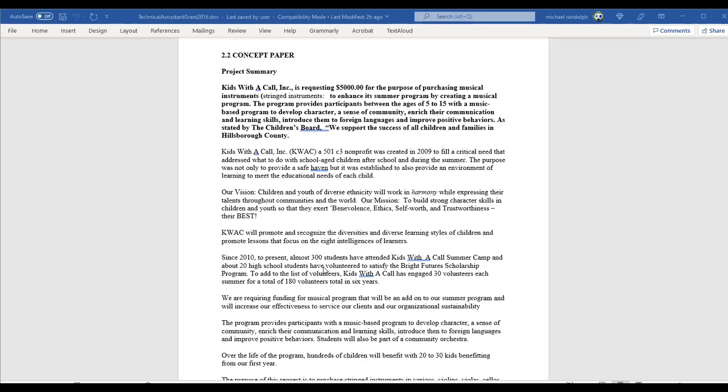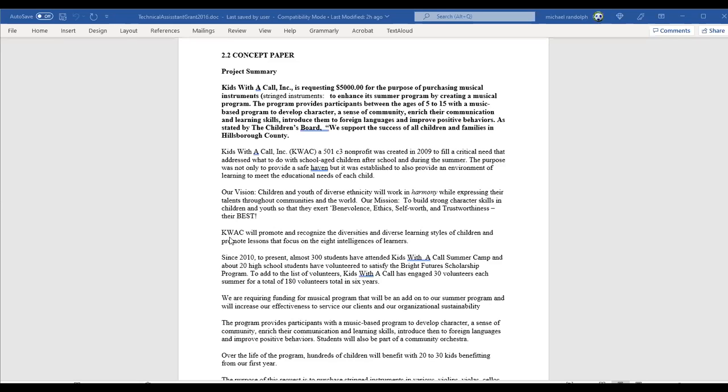First of all, notice how she talks. She's going to be quoting from different types of folks to show that it does work. Read this right here. That's called KWAC. KWAC will promote and recognize the diversities in diverse learning styles of children and promote lessons that focus on the 8 intelligences of learners.